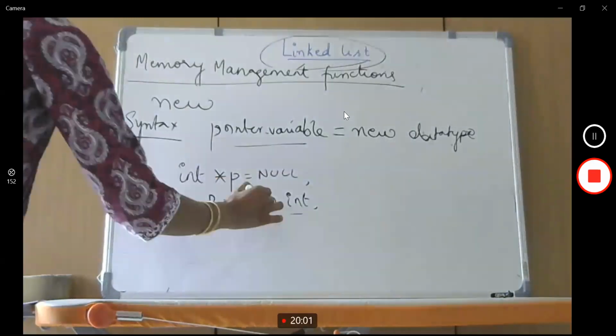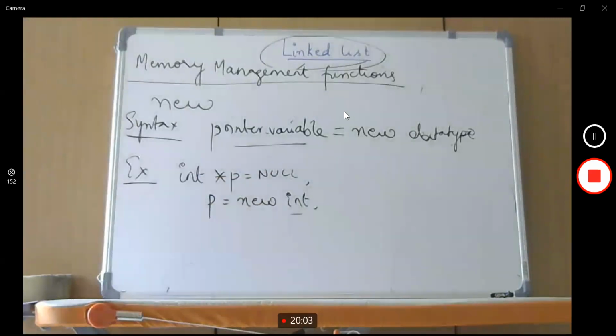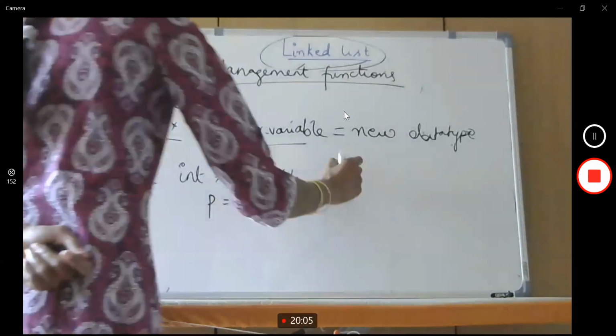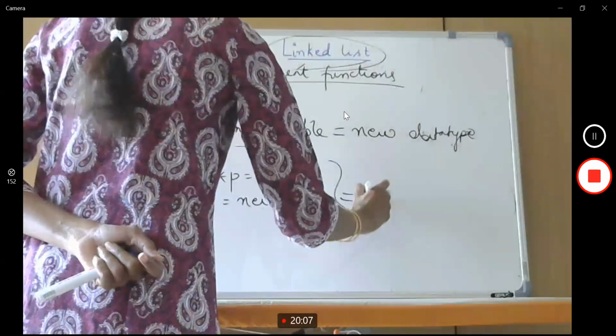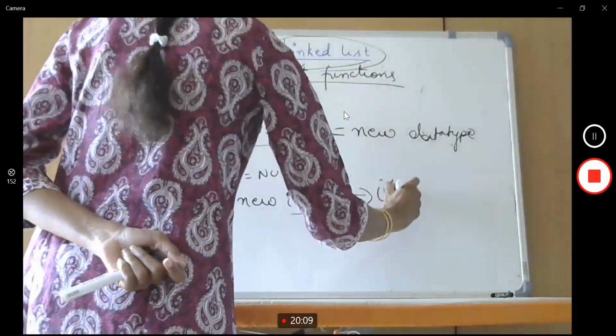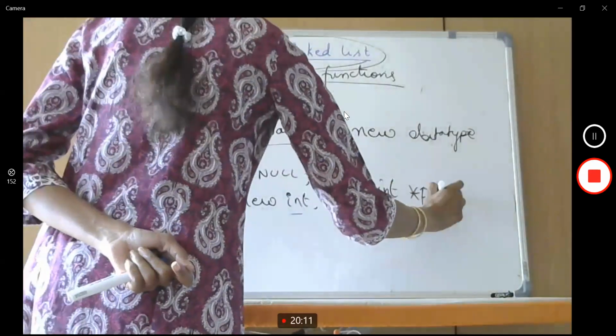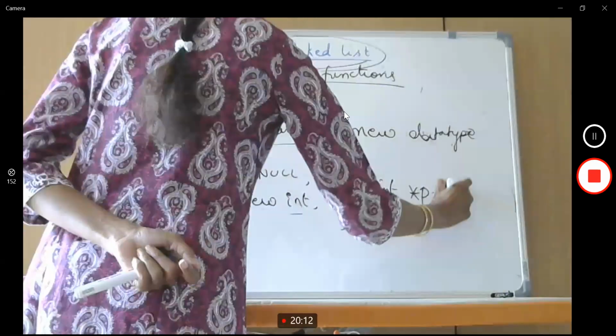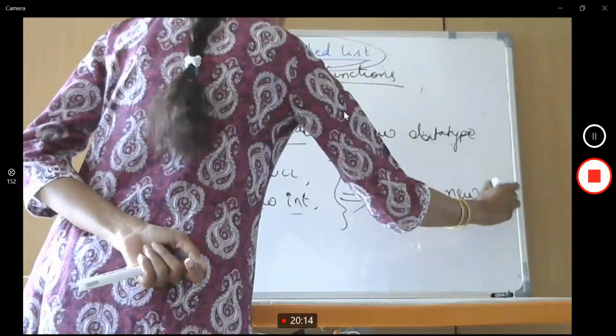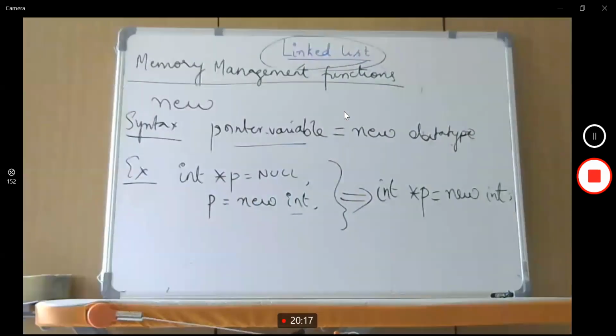That is done using this new operator. I can even combine these two. This whole thing I can write as int *p = new int. Both are the same. I am combining both these statements into one single statement.